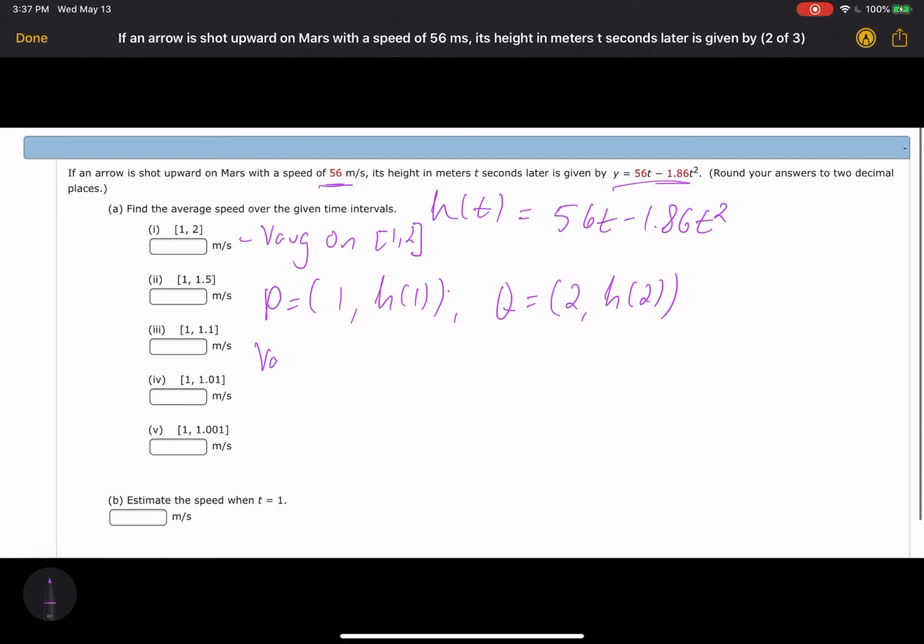And thus the V average at these points would be h of 2 minus h of 1, your height at time equals 1, over 2 minus 1, which is the same slope as M_PQ. But that's just to make it a bit more clear.